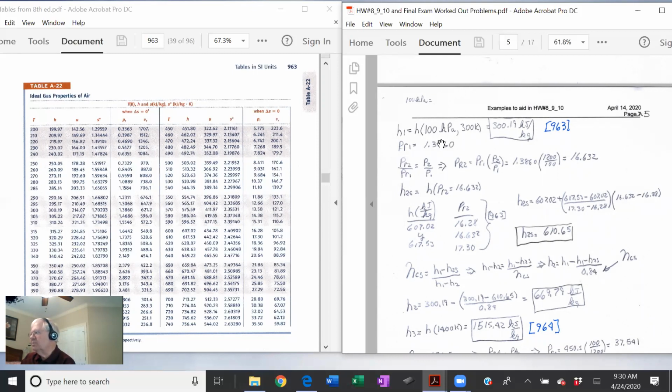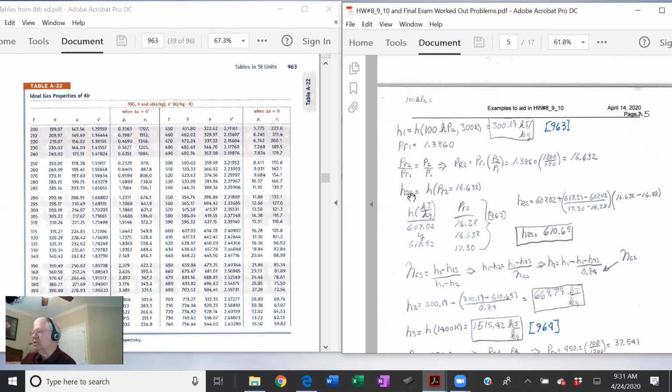PR2 is equal to PR1 times the pressure ratio. PR1, we just looked up, page 963. Here it is, by the way, PR1, 1.3860. Times 12, and we get PR2. PR2 is 16.320. So associated with that PR2 is H2S, because these ratios are developed, assumed with the requirement of isentropic process.